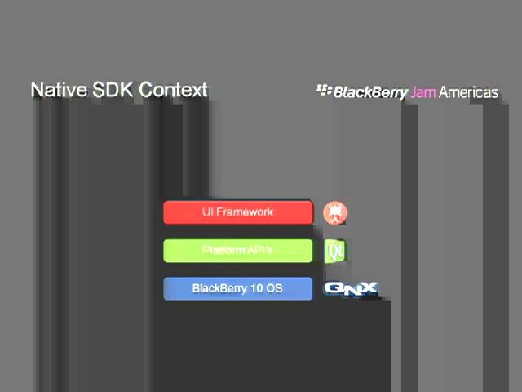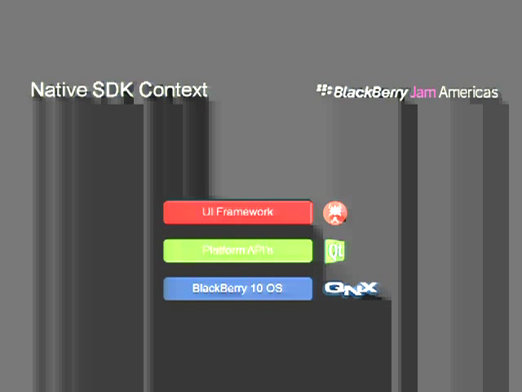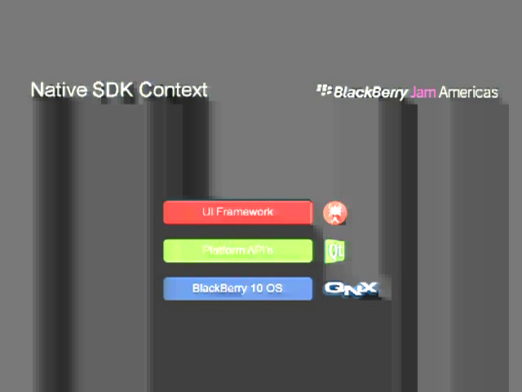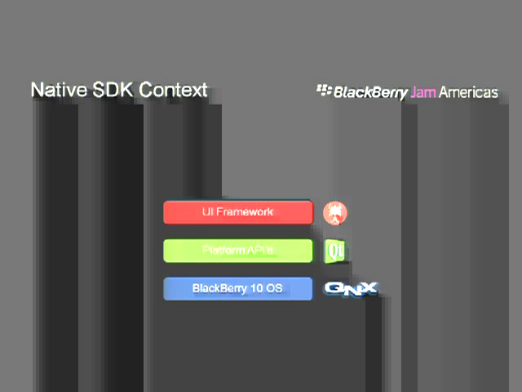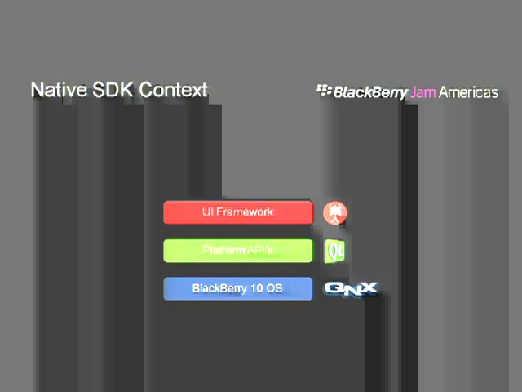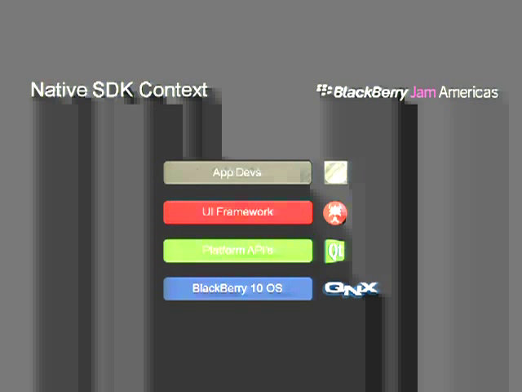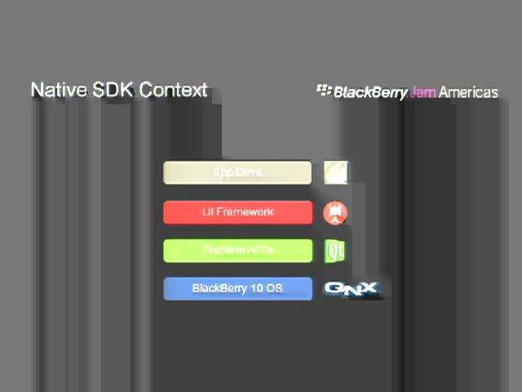And on top of that, we have our UI framework, Cascades, which utilizes both the platform APIs and the QNX stuff. And we have a lot of APIs to help you build your application, not just UI stuff. And on top of all these amazing things, you get to be here and use all this.